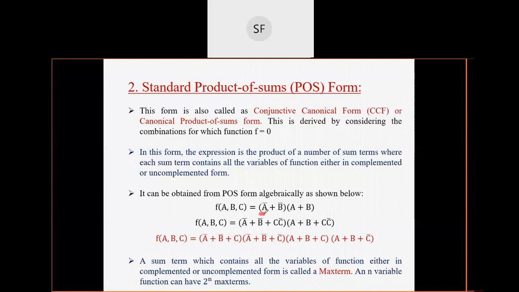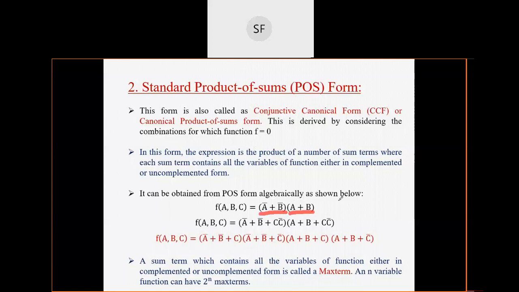So this is your first term, a bar plus b bar, and this is your second term. Between the variables inside a term the operation is sum, and between the terms it is product, so it becomes product of sum. Don't get confused with the representation, it is very important.